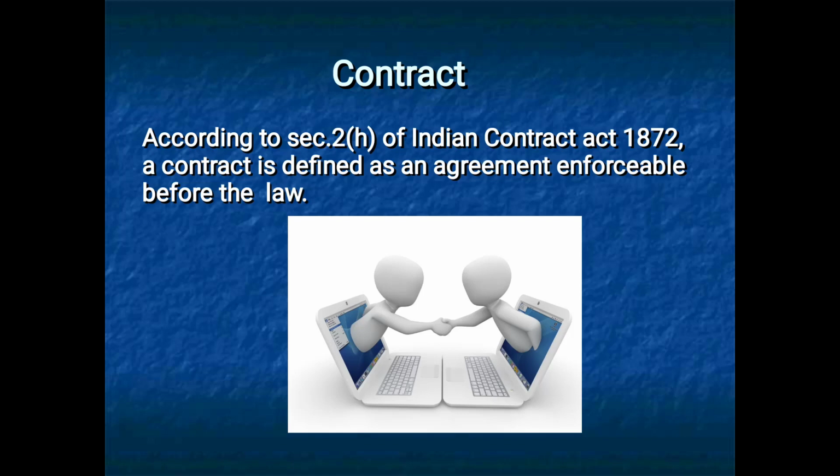The Act defined the term contract as agreement enforceable by law. Here we have to coin two terms to get the clear meaning of the term contract. What are the two terms? The two terms are agreement and enforceability. First, let us see what is agreement.